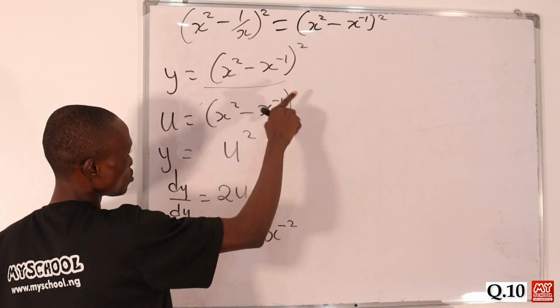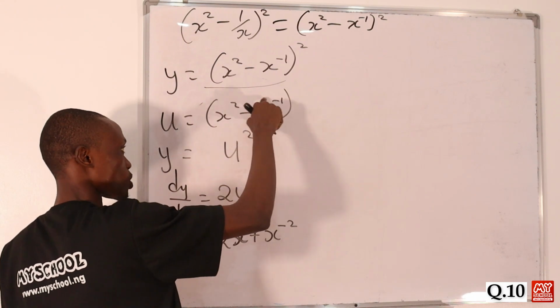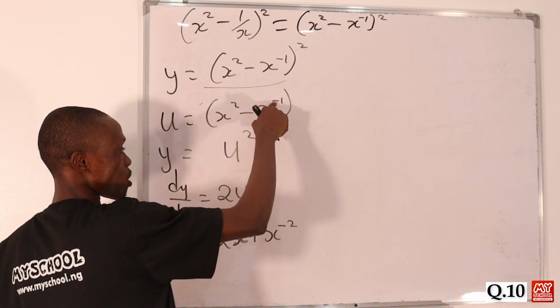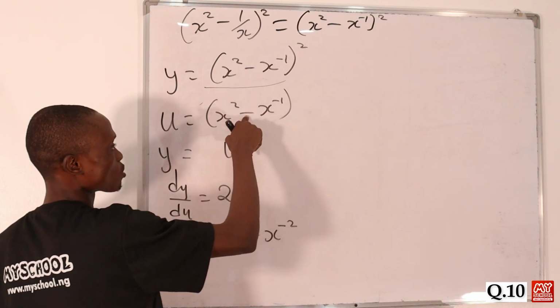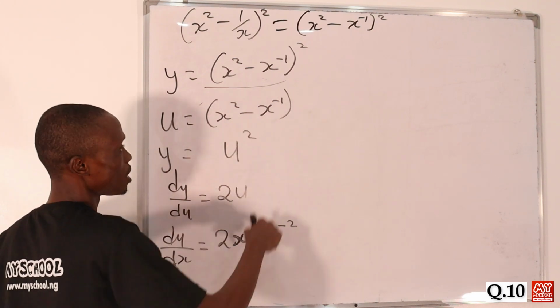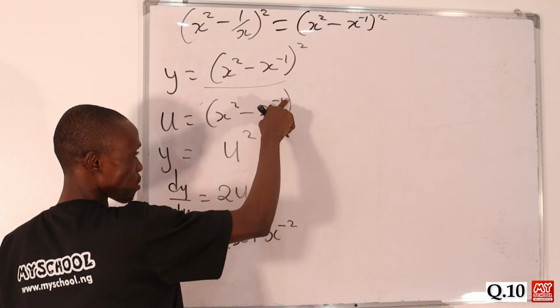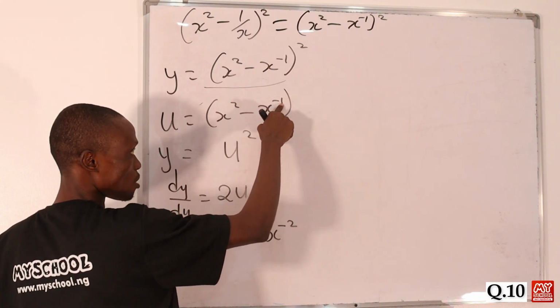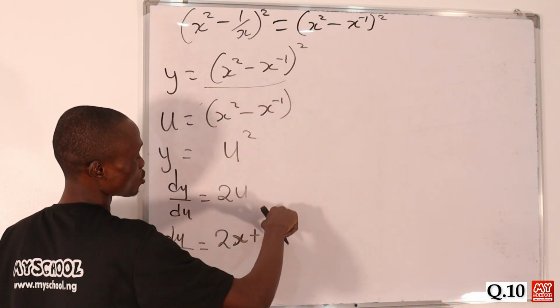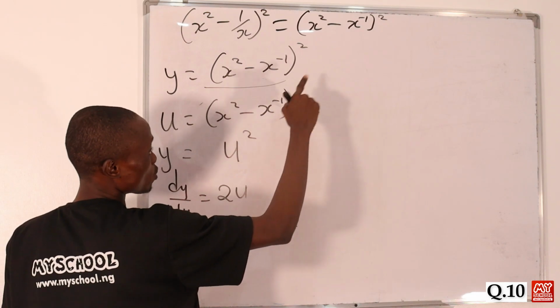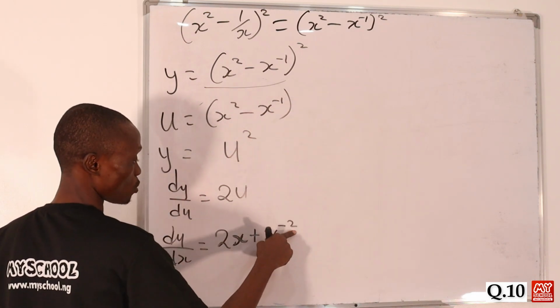So what we actually do here is, first of all, use the power to multiply the term. So in this case, we have minus 1. So minus 1, because of the minus, it's going to change to plus. Then after we've done that, we'll now subtract 1 from the power. So if I minus 1 from minus 1, that will be equals to minus 2.